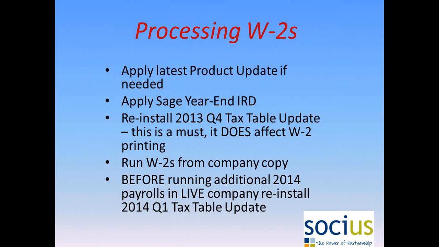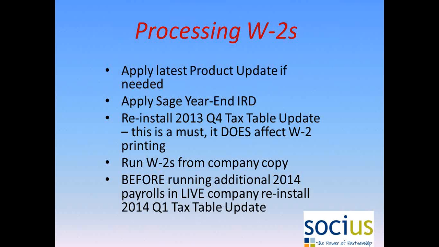In prior years, I didn't believe that it had that much of an effect, but in talking more and more with Sage, I'm finding out that that's not the case, and they are always telling me it is a must. They won't budge from that.